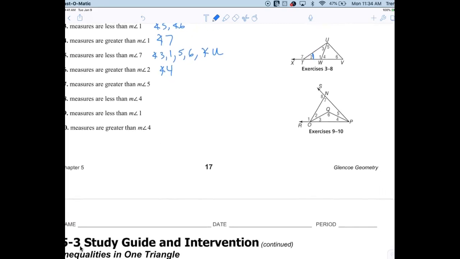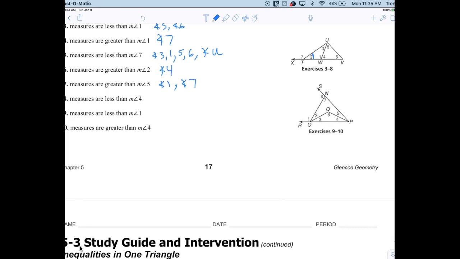The measure is greater than angle 5. Angle 1 and angle 7. Can someone say that is correct, or tell me an additional angle that we can use? So far I have Dalton thinking that's correct. Could you use angle U again?